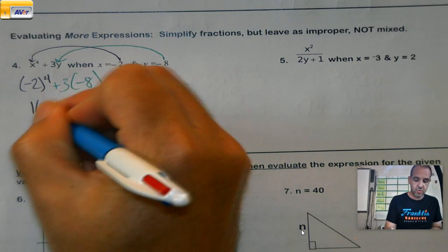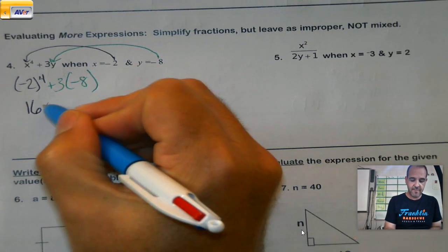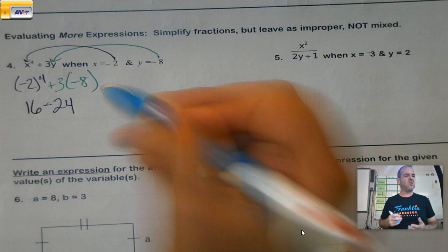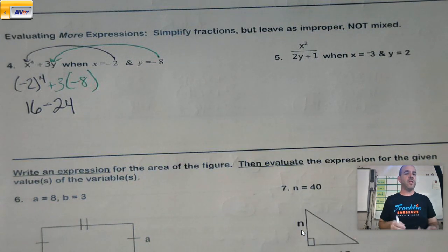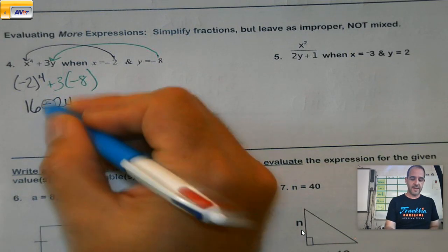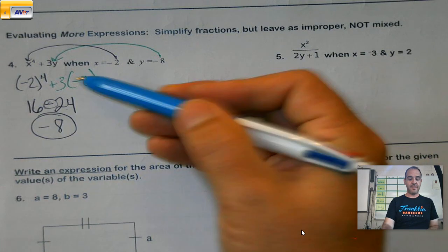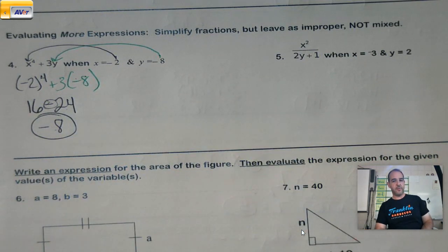So negative 2 to the 4th is going to be 16. 3 times negative 8 is negative 24, and usually here I'll get asked, well, what if I put plus negative 24? Same thing, absolutely works. And then with these, I always look at 24 minus 16 is 8, but the 24 has a negative and it's bigger, so it's negative 8. And for any of these steps, you can use a calculator to double check.